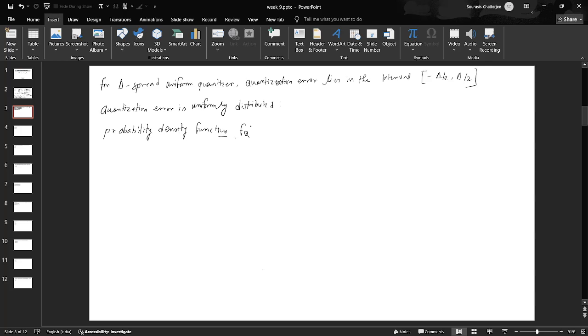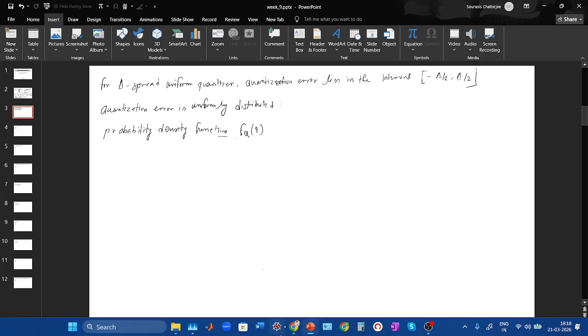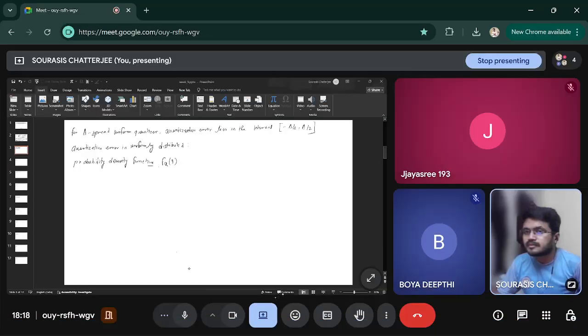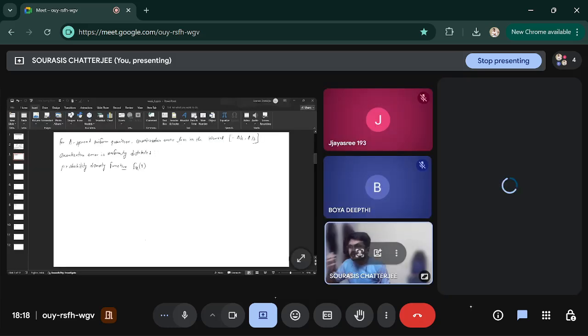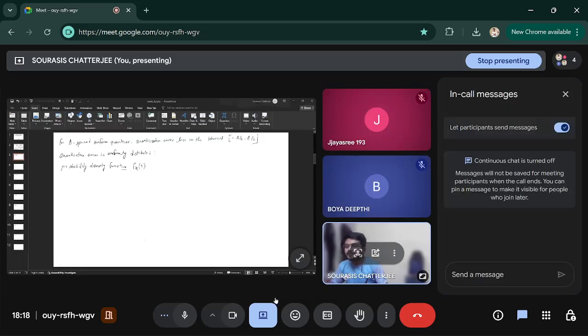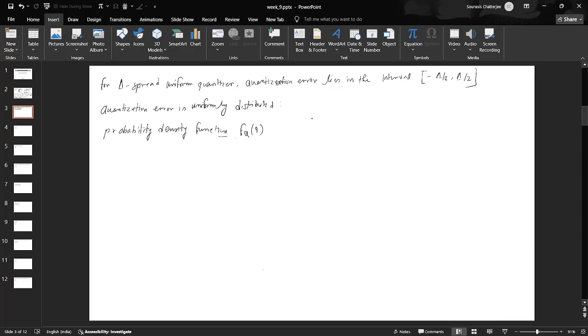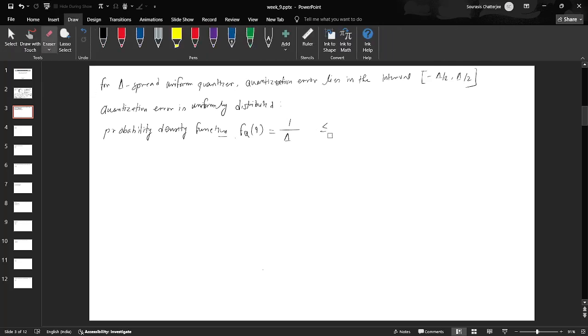If I denote it as f_q of small q, it is given as 1 over delta when q lies between minus delta over 2 to delta over 2, and 0 otherwise.